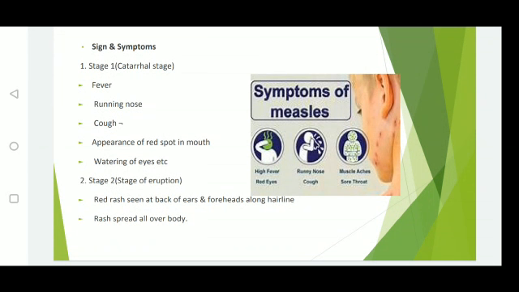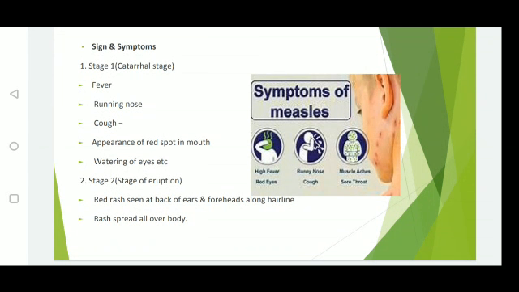These are the signs and symptoms shown in stage 1. Stage 1 is otherwise known as the catarrhal stage. In this stage, the patient will exhibit fever, running nose, cough, appearance of red spots in the mouth, and watering of eyes.